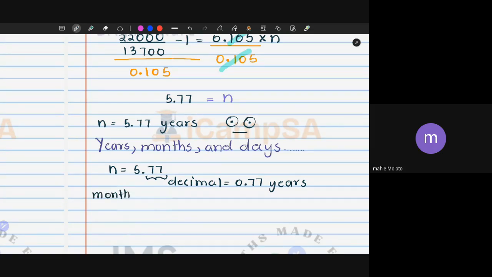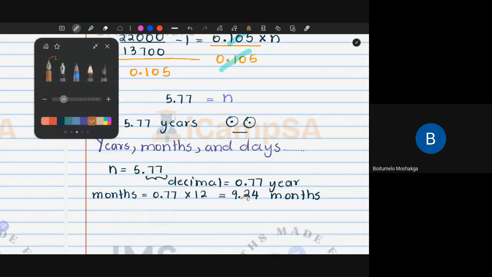We'll take that decimal from years and multiply it by 12, because we know that in a year there's only 12 months. So what do you get, guys, when you multiply this? 9.24. So essentially we have 9.24 months.